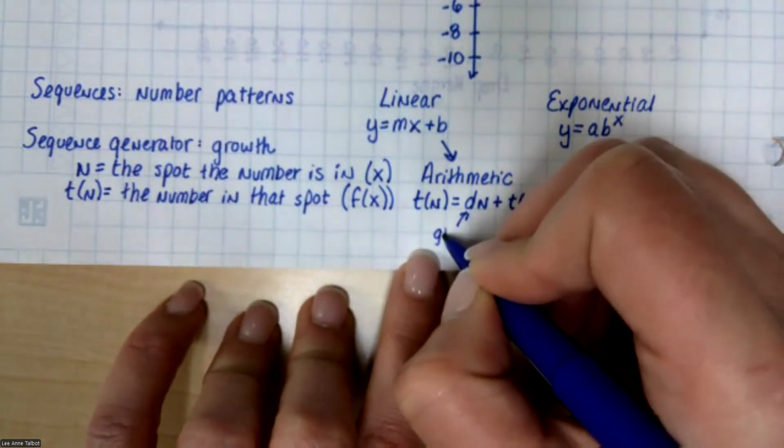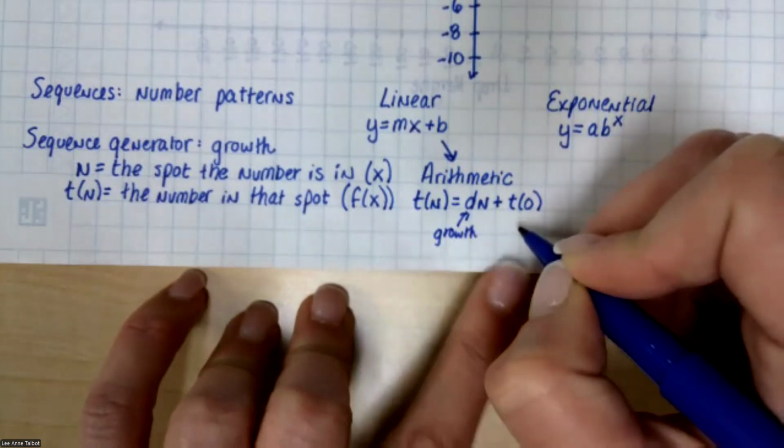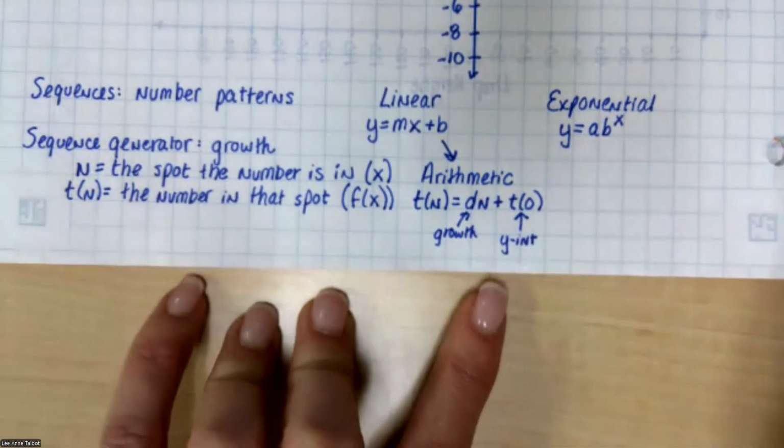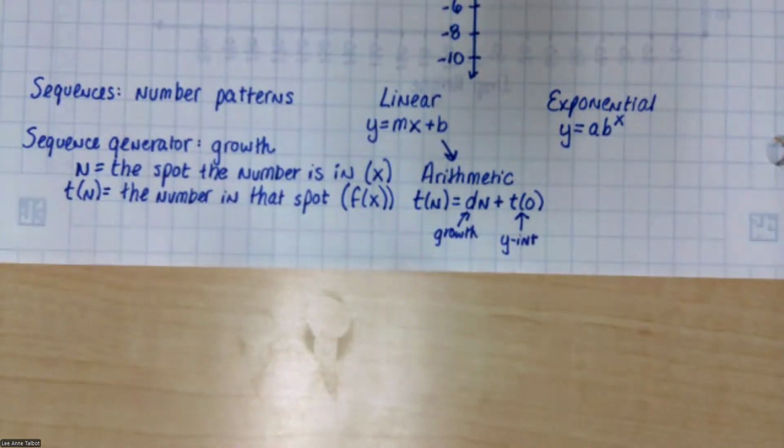This is still your growth, and this is still your y-intercept. Okay, now use your mathematic powers of that analysis. What do you think D stands for?